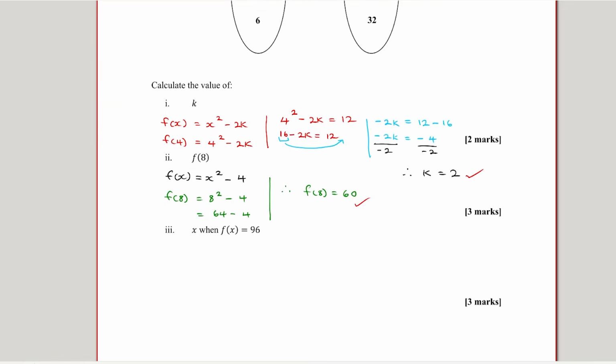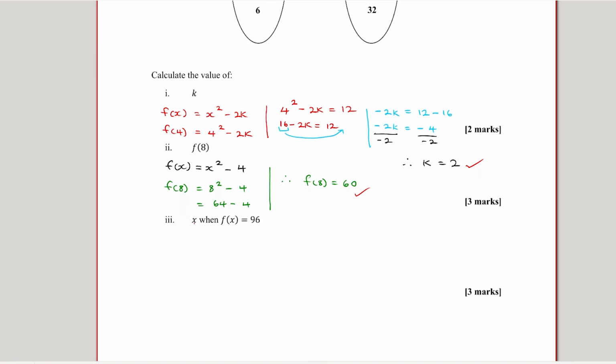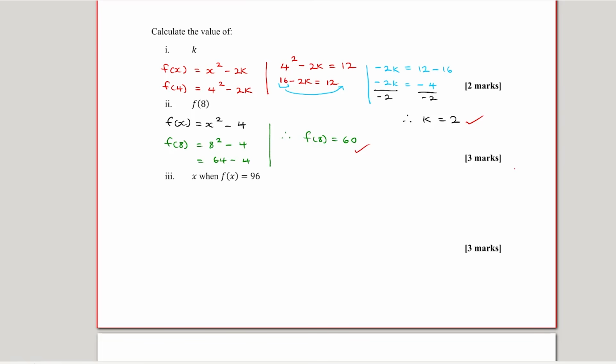Alright, so now part 3 says we should find x when f of x is equal to 96. If we want to find the value of x when f of x is equal to 96, this is how we do it. This is the general function that we have. f of x is equal to x squared minus 4.